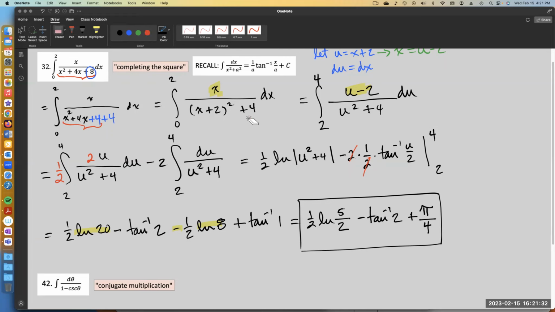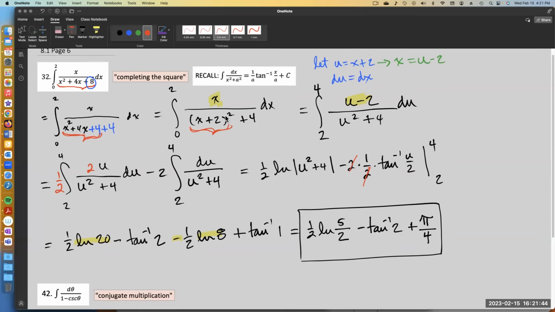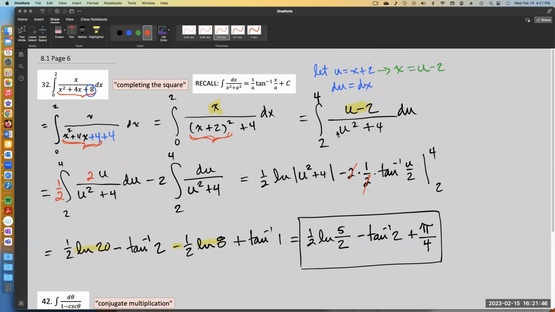No, I didn't pull a 4 out. I factored that this polynomial here factors into that. Oh, okay. That's the factorization. And then we did a u sub so that the denominator just looked a little bit more like this. Okay, that makes sense.